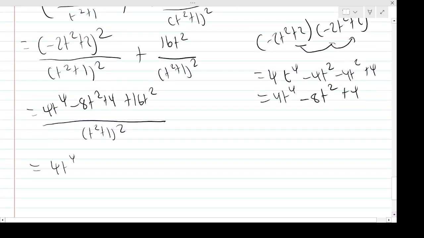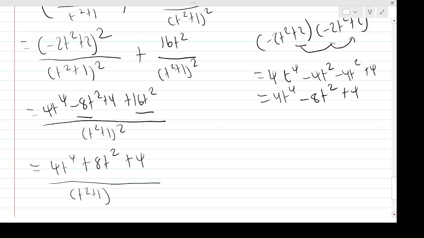I have 4t to the 4, again only one power 4, but I have a minus 8t squared here and a 16t squared. Minus 8 plus 16, well, that's just plus 8t squared. And then I have a plus 4. That'll be all over t squared add 1, all squared.